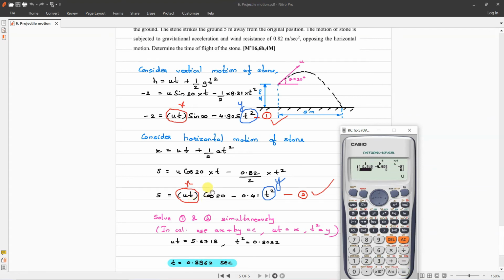For the second equation, a is cos 20, then b is minus 0.41, and the right hand side will be 5.